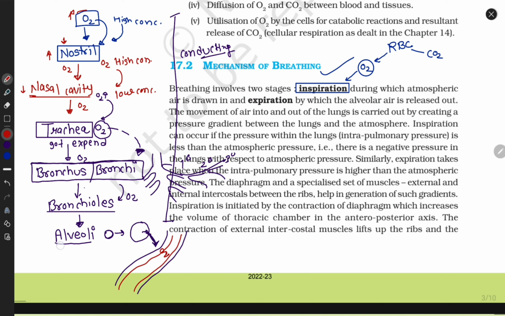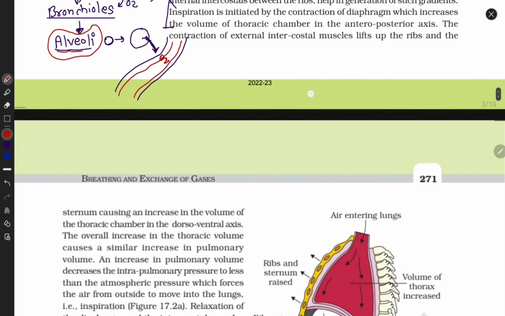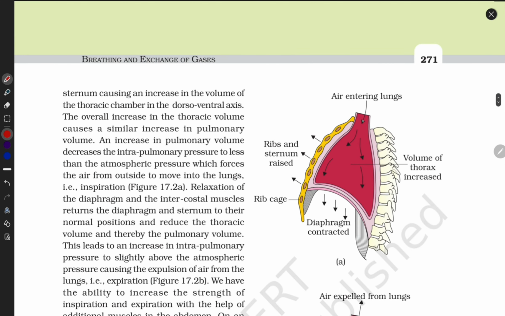So this whole mechanism is inspiration, taking in oxygen. But this is not an easy process, guys, because after air reaches the alveoli it produces pressure. Look here, after reaching, the air produces pressure on our lungs, so our lungs get expanded.